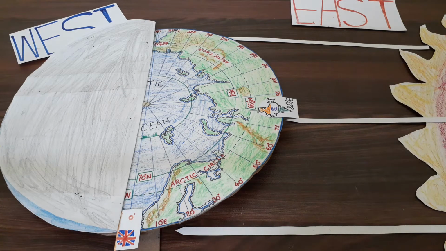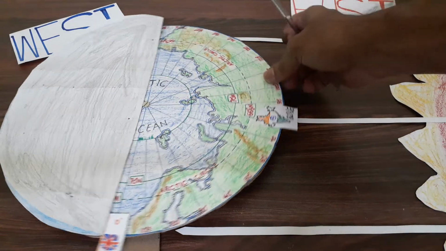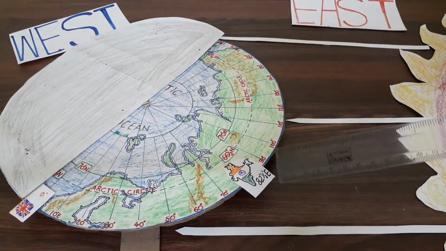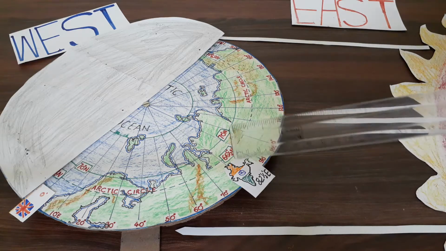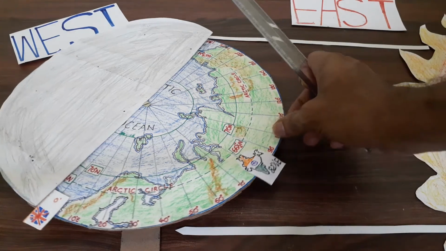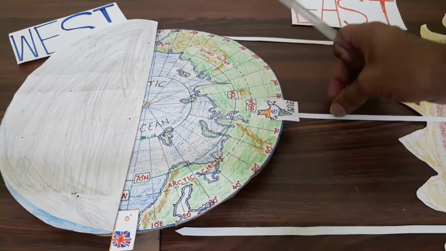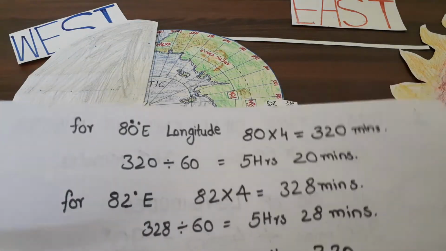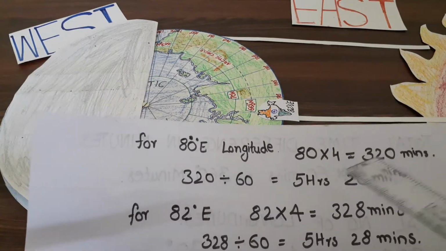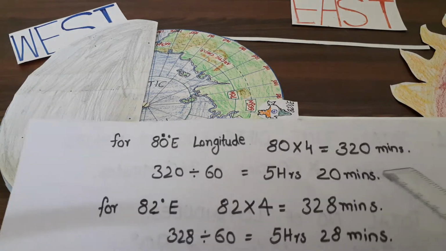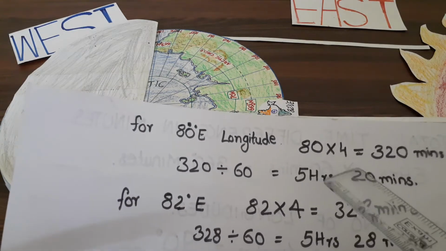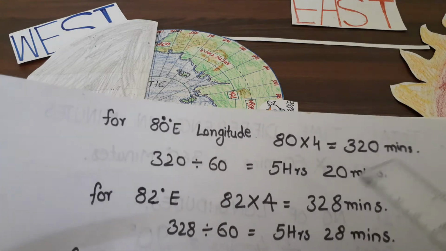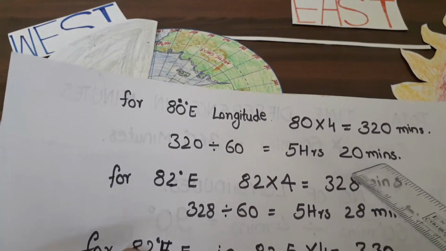Okay. So let us take the example of India. Here you can see India, the 82.5 degrees east longitude, which is considered as the standard meridian for India. So the question is, why not 80 degrees or why not 81 degrees? If I take 80 degrees east longitude and to get the time difference I multiply by 4, I get 320 minutes, which is 5 hours and 20 minutes.